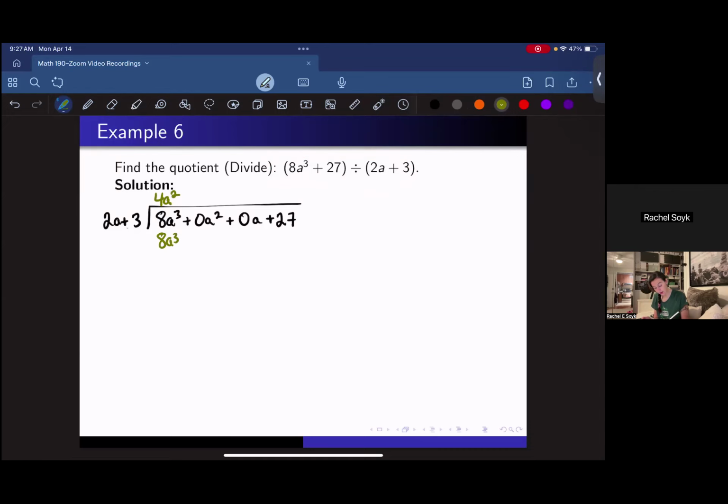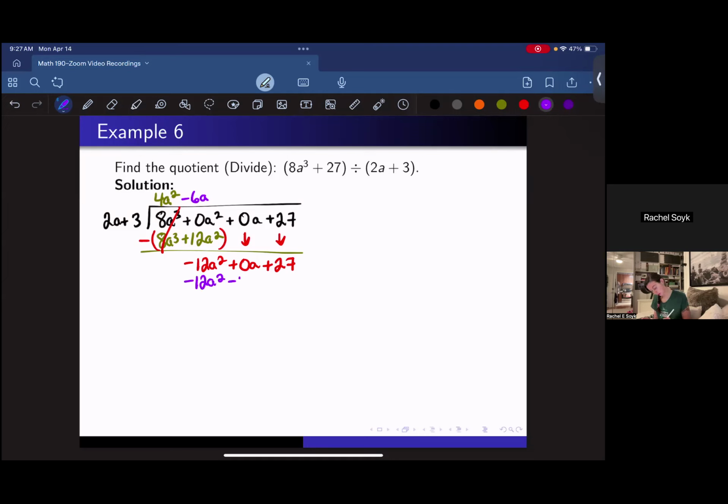And then we have 3 times 4a squared is a plus 12a squared. I'm going to go ahead and subtract. Bring down everything else and continue the process. 2a times negative 6a, use a different color, gives us that negative 12a squared.